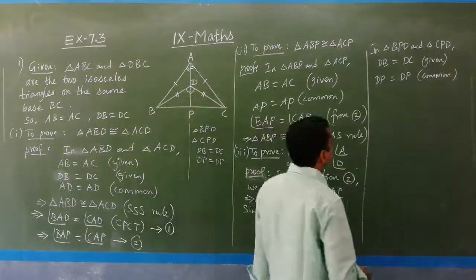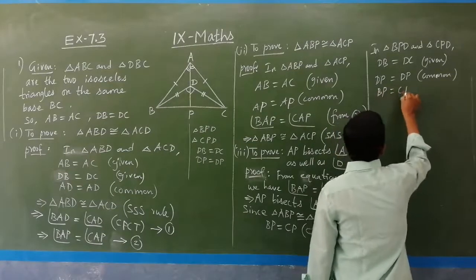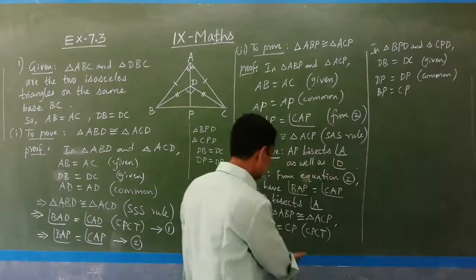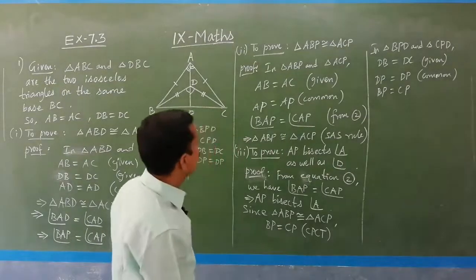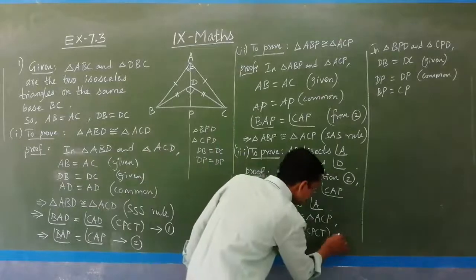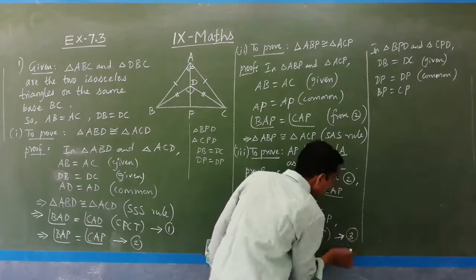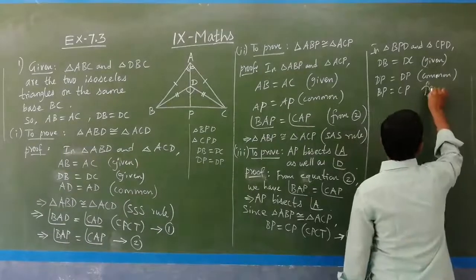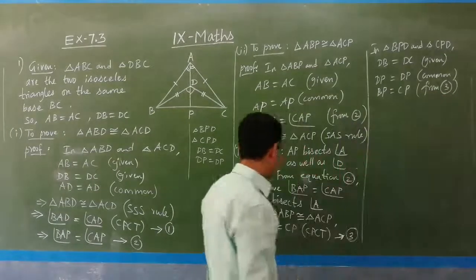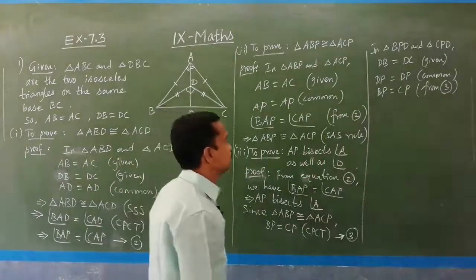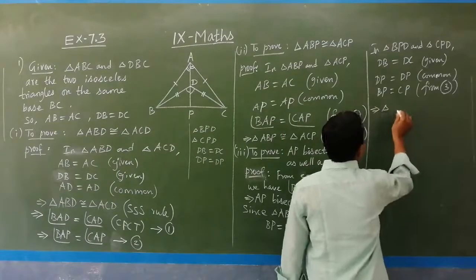By CPCT we have said it. So BP equal to CP, we have it. Otherwise we can name it equation number 3. So from 3 we have BP equal to CP. So by the SSS congruence rule, these two triangles are congruent.